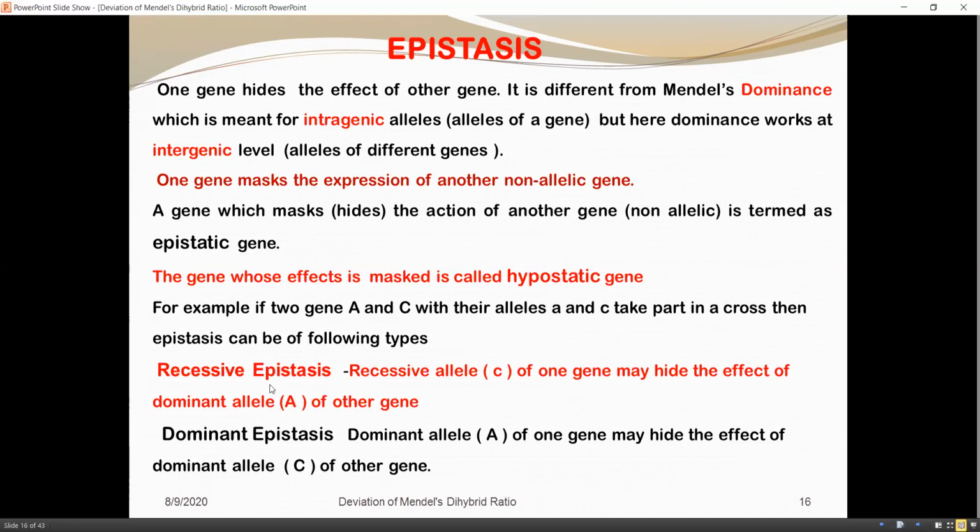There can be recessive epistasis. In recessive epistasis, small c of one gene may hide the effect of dominant allele A of the other gene. And in dominant epistasis, dominant allele A of one gene may hide the effect of dominant allele C of the other gene. This we will see by two different examples.